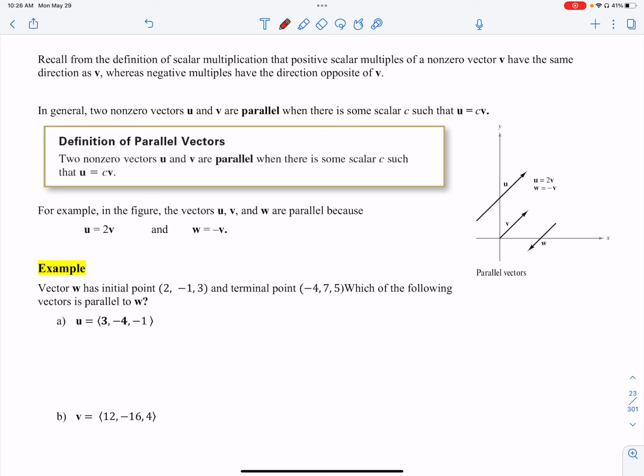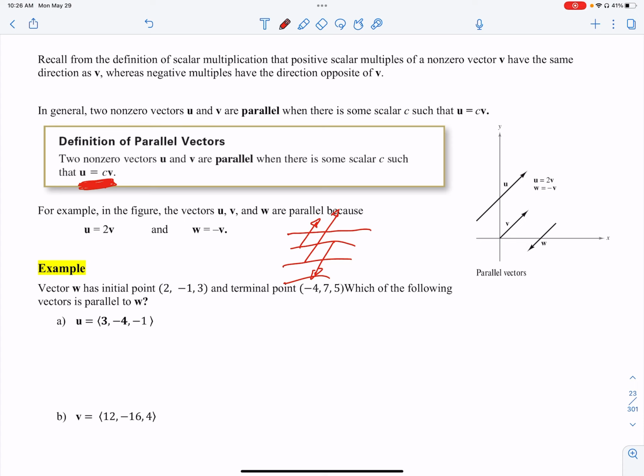So what that means is two vectors are parallel when there's some scalar c such that we have this. Now, I don't know if you remember, I think it's in the first or second video, one of those early videos, where we had this list of lines and vectors, and we were talking about the form here, that if I multiply by a number c, those always point in the same direction.